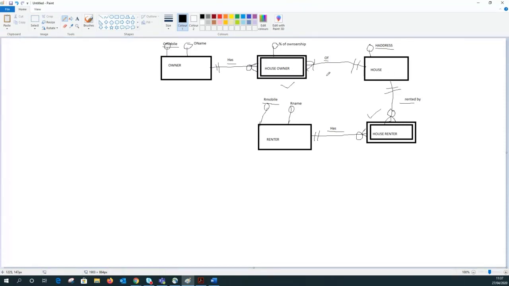So these two weak entities record the most important information. House renter details are very important because this is important for the local government to make sure that the renters are paying the rent or whatever the reason. So who is the renter to keep the tab on, right?